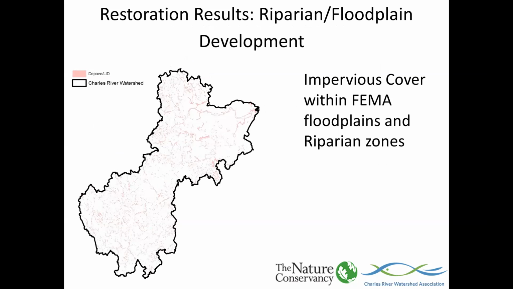And then this is the one example I wanted to highlight from the in-stream restoration opportunities. This is our riparian and floodplain restoration identifier. And this basically highlights areas where impervious cover is within the FEMA floodplains and within riparian zones. So this essentially is showing us where maybe we built a little bit too close to those waterways.